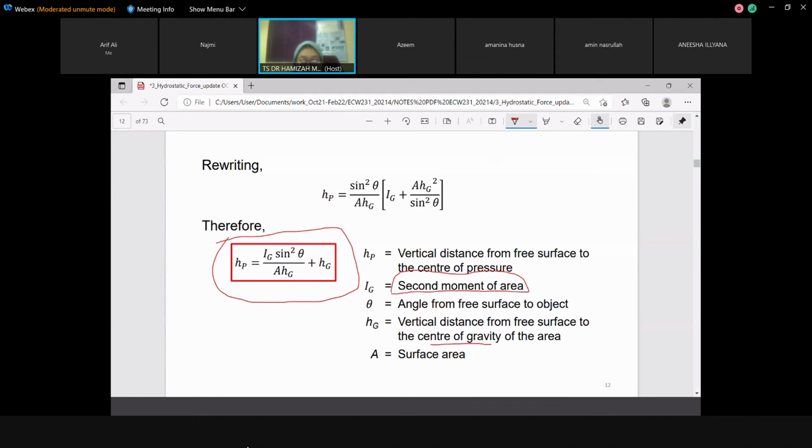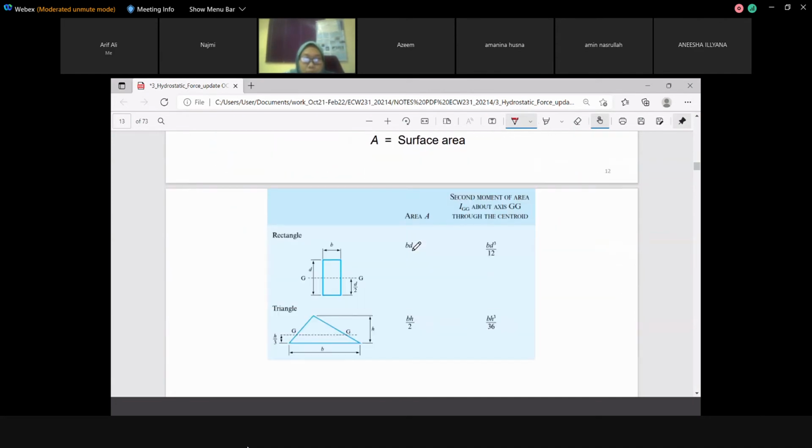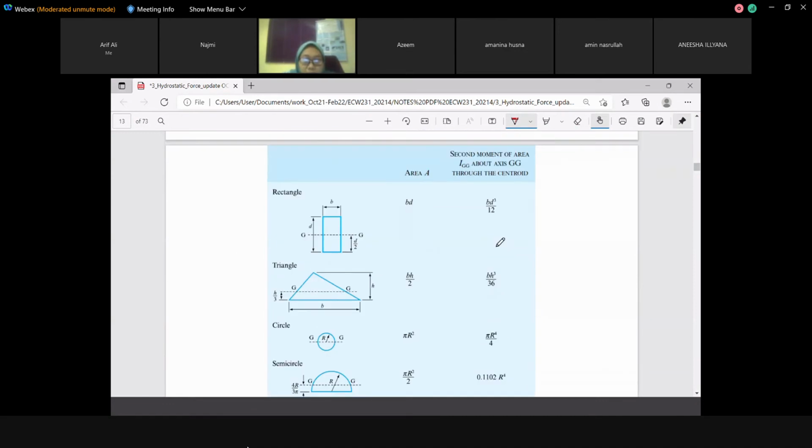Okay, this second moment of area ni depends on the shape of the surface ataupun shape of the structure. Okay, this is what I mean. So you need to calculate the area, and we also have the second moment of area.